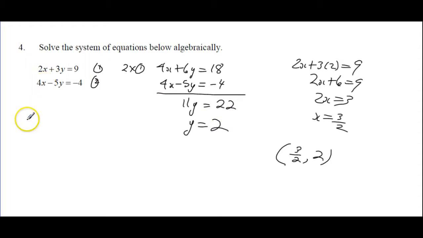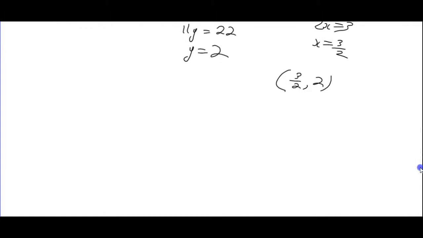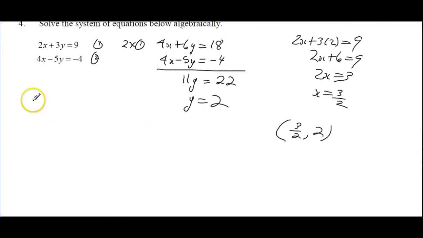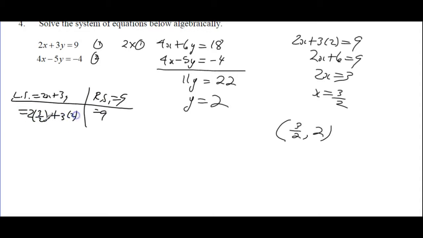We can check that. So left side is 2x plus 3y. Right side is 9. So that's 2 times 3 halves plus 3 times 2. The 2's cancel, so 3 plus 6, which is 9. And the left side is 4x minus 5y.